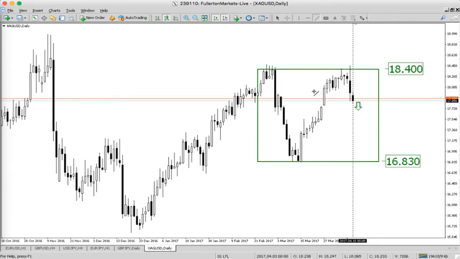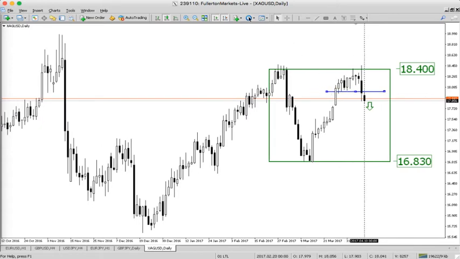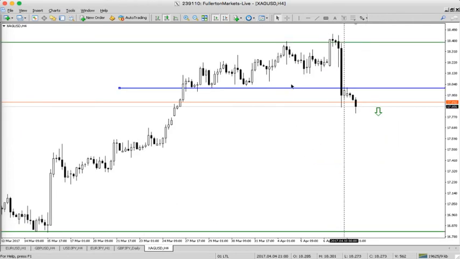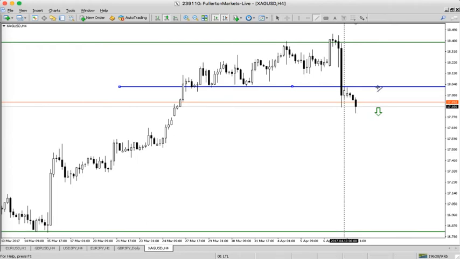Of course, the other possibility is to refine the entry at a lower time frame. Wait for the candle to retrace back to the so-called possible resistance, and then push down again.